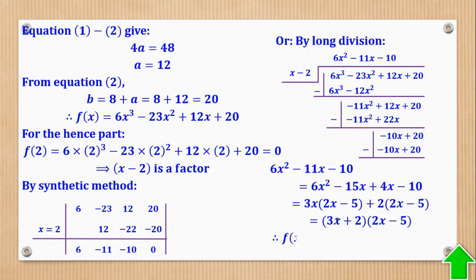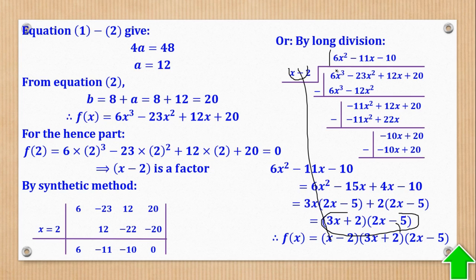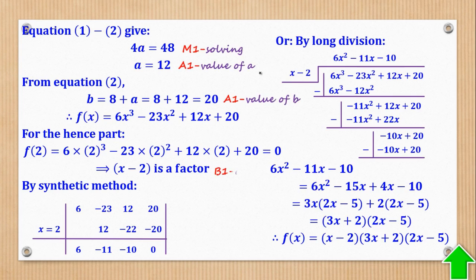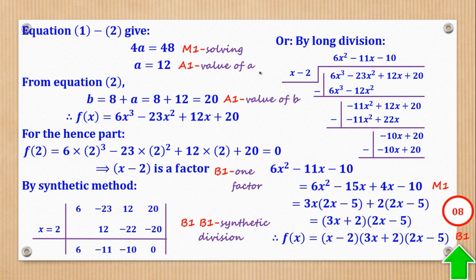And from there, we can now write our factors of f(x) being where the first one is this, and the other two are these ones which have been got from this quotient. And that is how the 8 marks would come about from the slide.